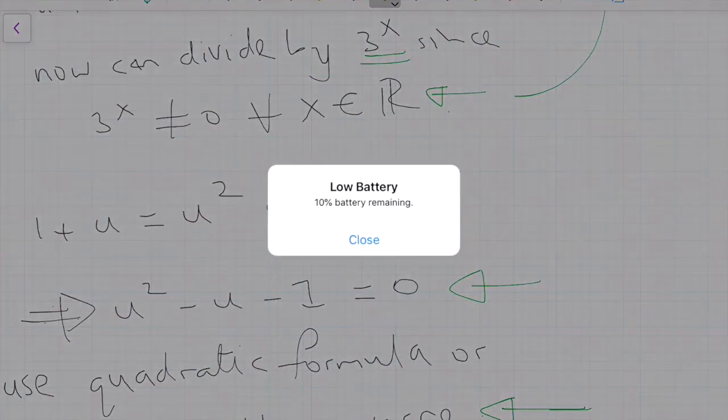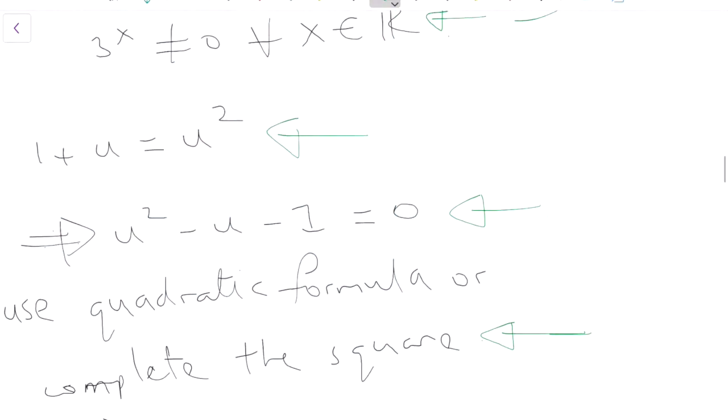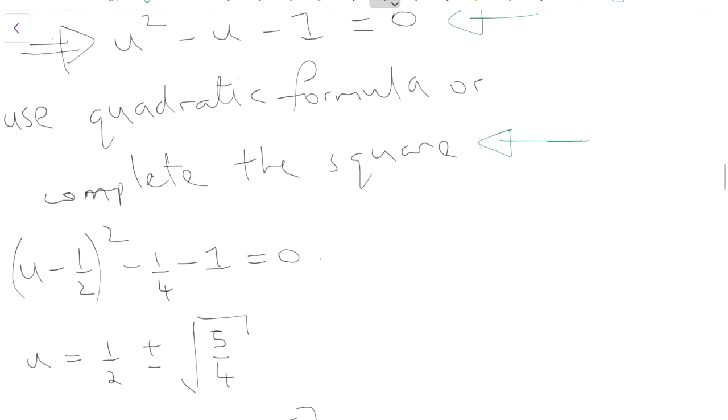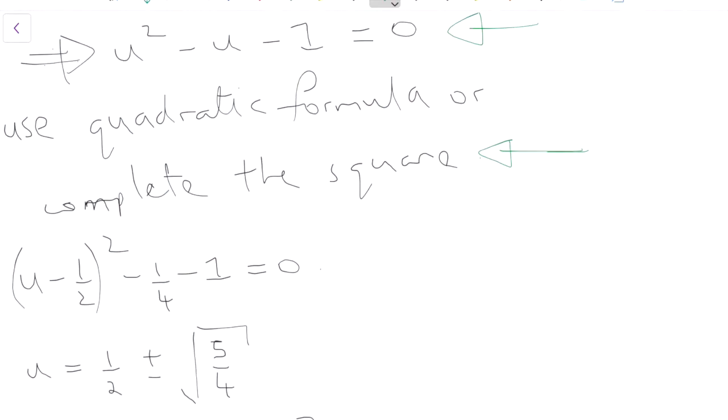Well, you can complete the square. And how can you complete the square? Well, there you go. You factorize this, and you put it in that form. So u minus a half, squared, will give you u squared. If I expand the terms in brackets here, I would get u squared minus u plus a quarter, right?